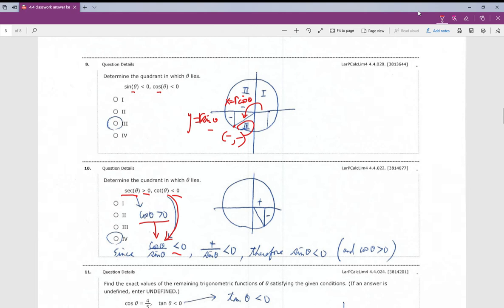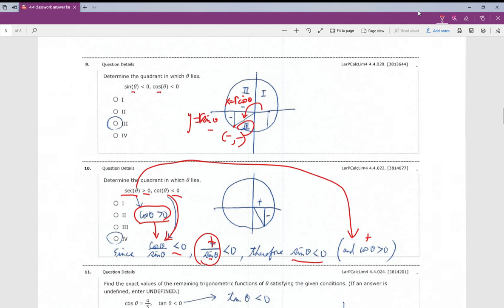So if the numerator is positive, and the whole fraction needs to be negative, then the only possibility is that sine needs to be negative. If sine is negative, and from the given, cosine needs to be positive, because they say secant is positive.